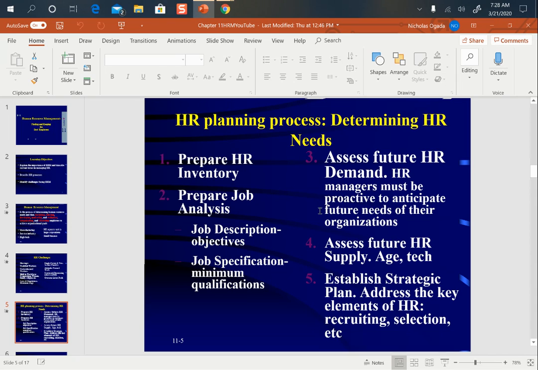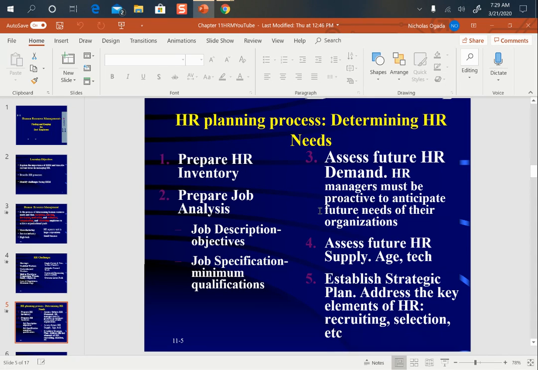So you look at the skill set that you require and what the market is providing today. That will give you a picture of where you need to be, or what you need to do as far as human resources is concerned. So you have a plan, a 2 year plan, based on your inventory, the employees that you have, the skill set, and the demand and the supply.